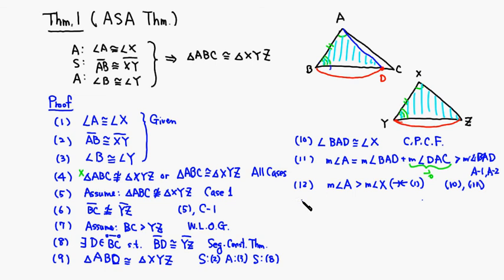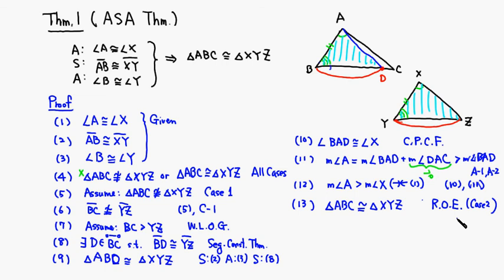So therefore, line number 13, triangle ABC must be congruent to triangle XYZ, which is by rule of elimination. So this was case 2.